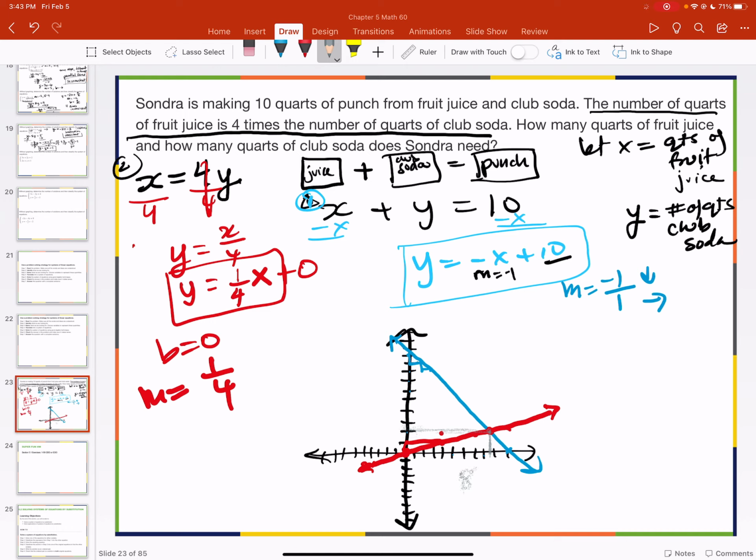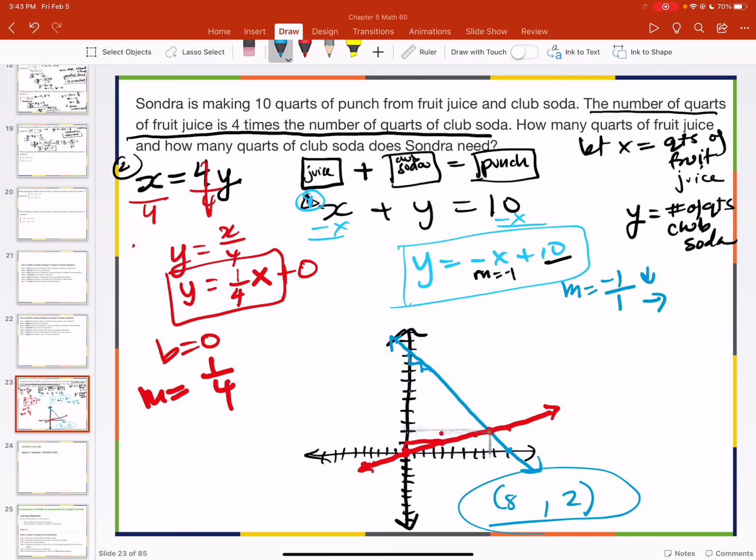So x looks like 8.5. Let me erase it. And y is 2. But that doesn't make sense. That doesn't add together. So what did I do wrong? It looks like I guessed the position wrong, right? So maybe I drew my graph incorrectly. So this leads us to a good point, so this is the solution, 8, 2.